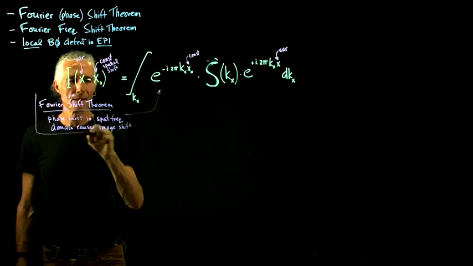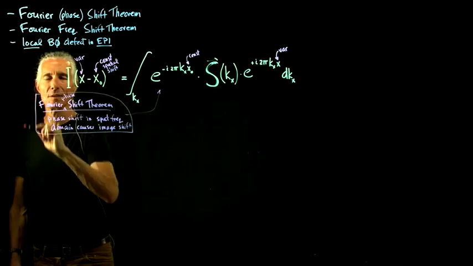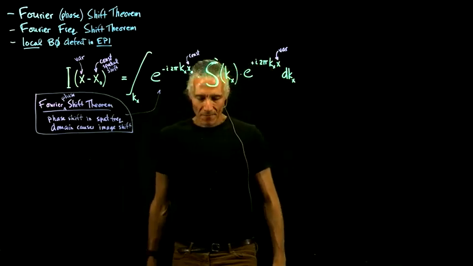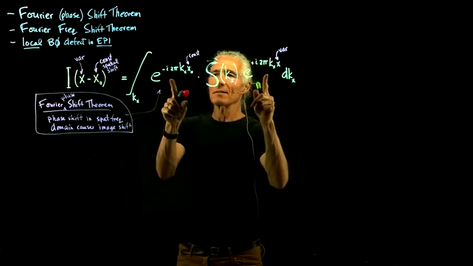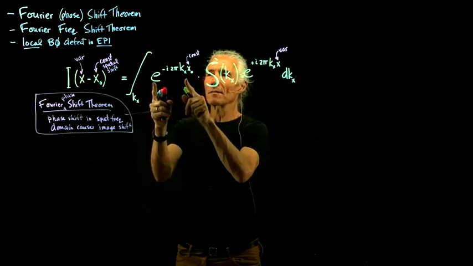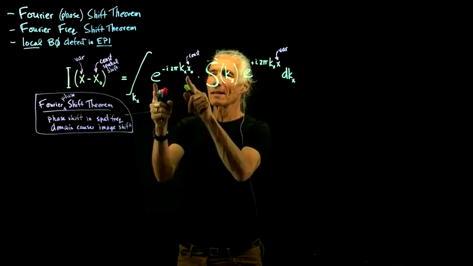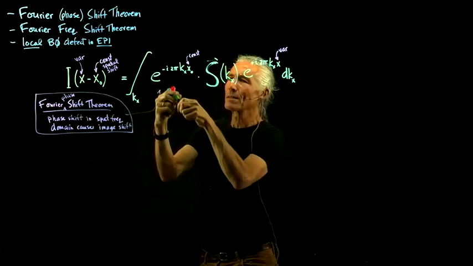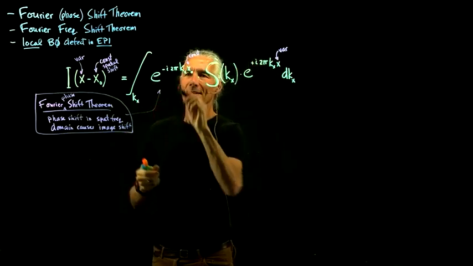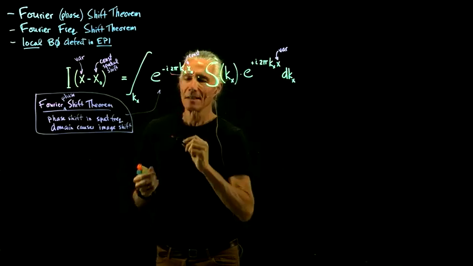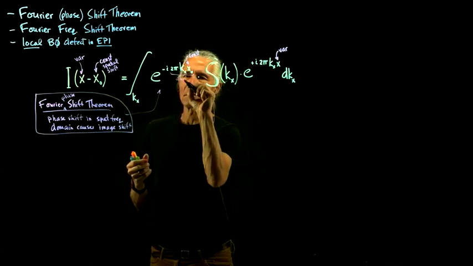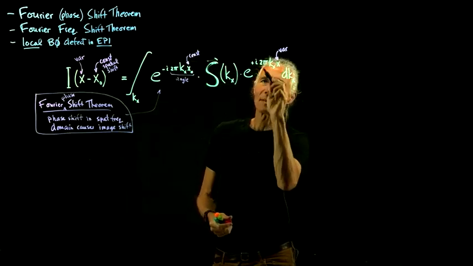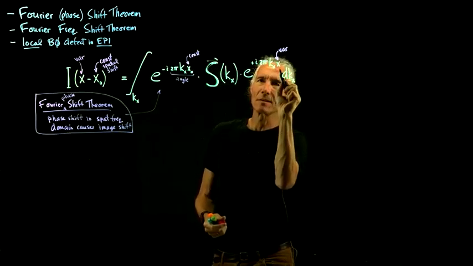So that's in words. It's really a trivial thing if you look at it. What we're doing here is just multiplying by this complex number. Remember, this is a complex number of amplitude 1, which has an angle, and we're just adding that angle onto this other angle over here.